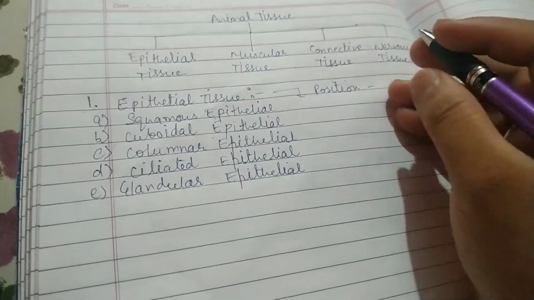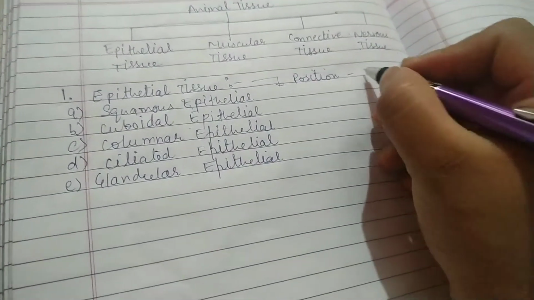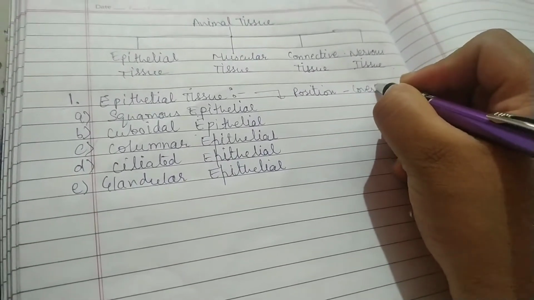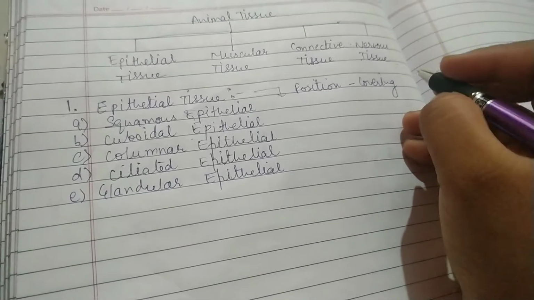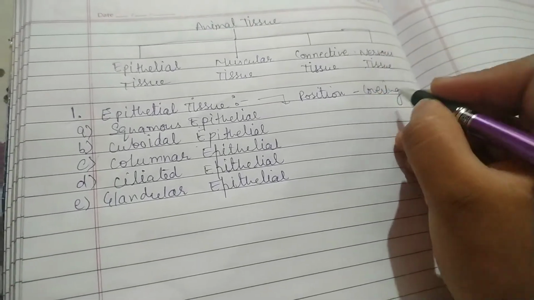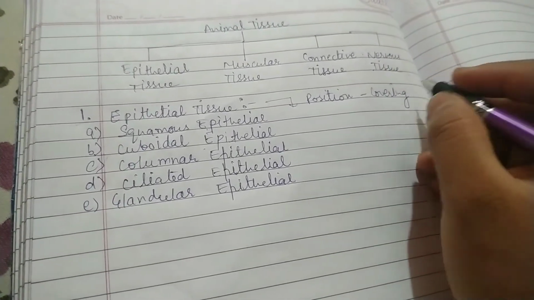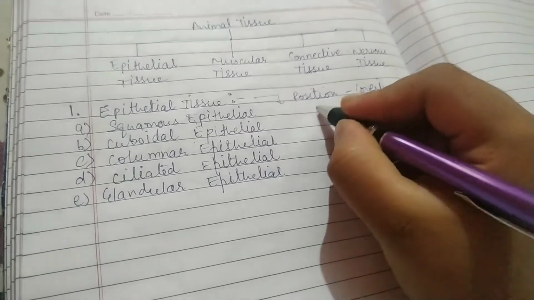It is mostly found in the covering of organs, protecting them, or in the outer layering of the organ.